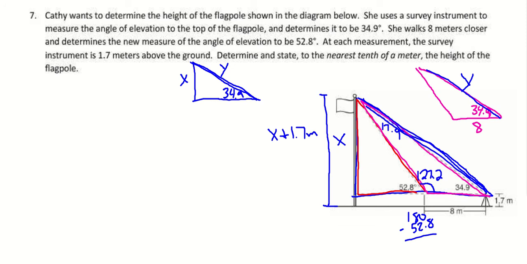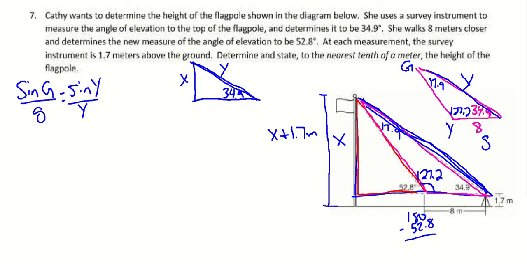Remember, in order to figure out this non-right triangle, we're going to have to use the law of sines. Now we're trying to figure out Y, so this is angle Y, and once again we'll say that this is the ground, so G, and this is angle G up here. And we need this 127.2 because we need angle Y here. So our first calculation is the sine of G over G equals the sine of Y over Y, and then we plug in.